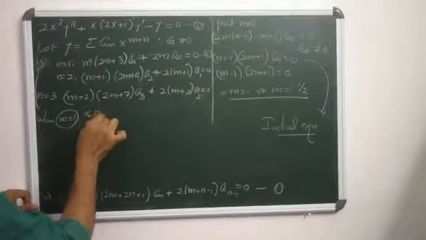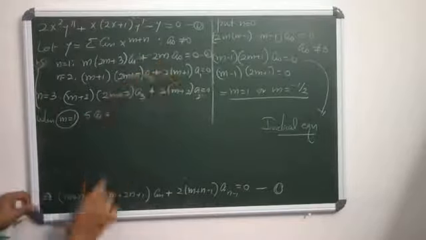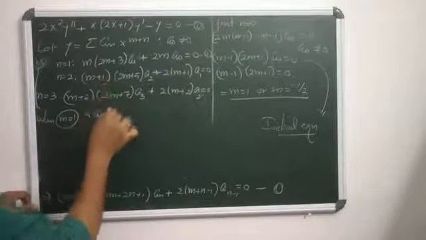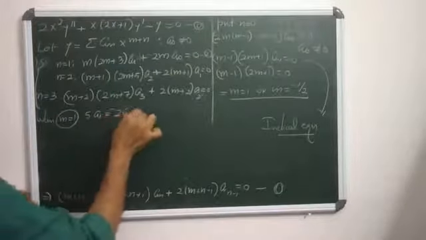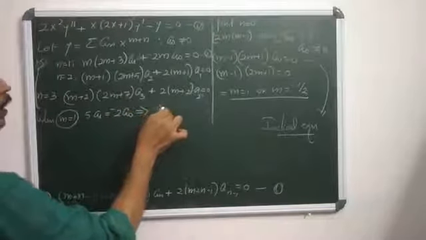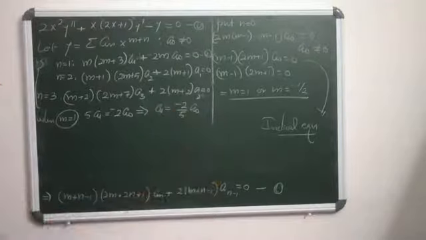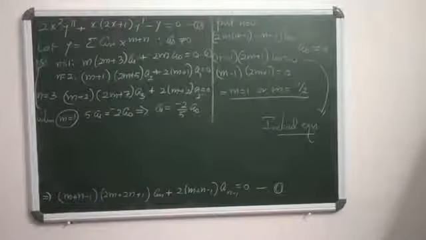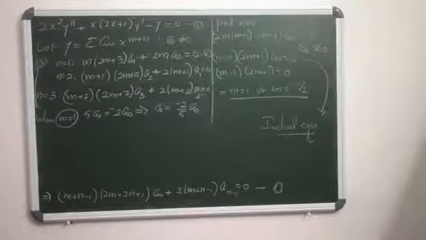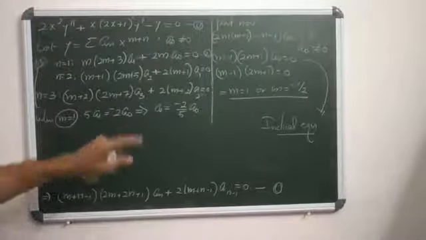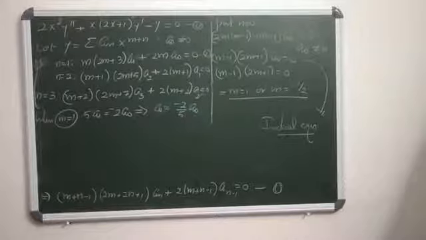So 5a1 equals minus 2m a0. m equals 1 means minus 2a0. So that means, what is a1? a1 is minus 2 by 5 a0. So a1 is expressed in terms of a0. So when m equals 1, then a1 equals minus 2 by 5 a0.